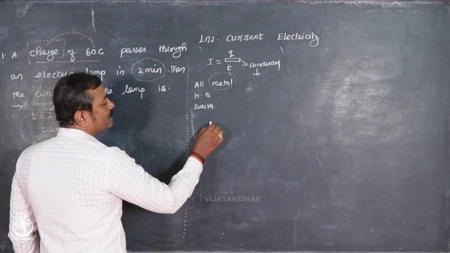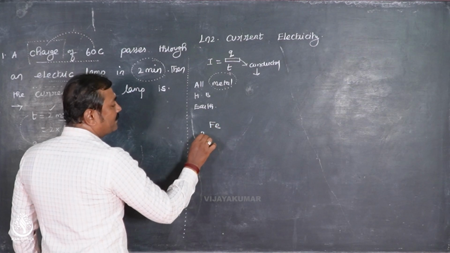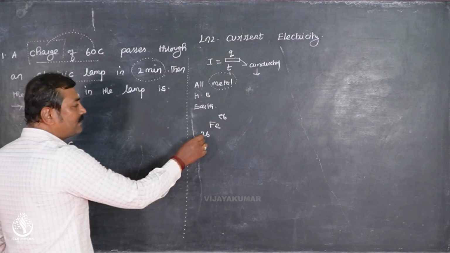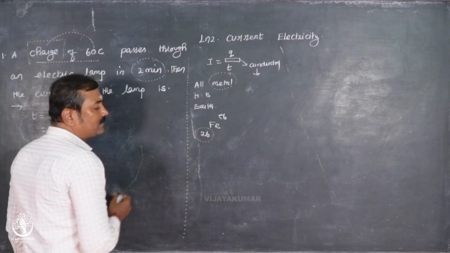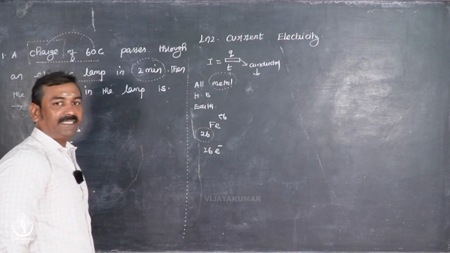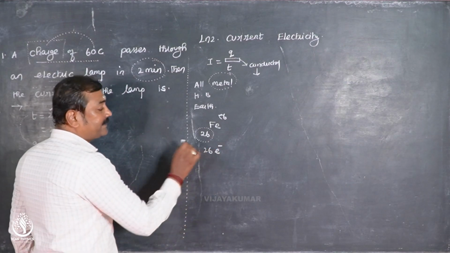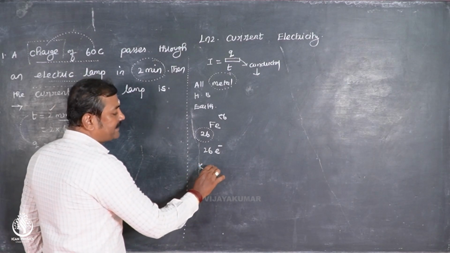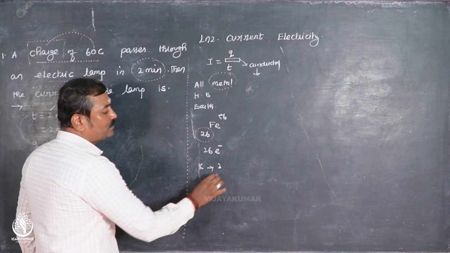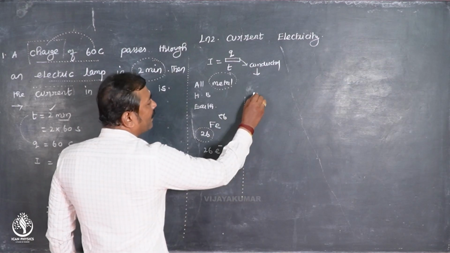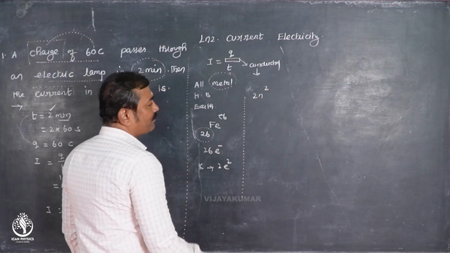Let me take iron. Iron has atomic number 26, so there are 26 electrons. Where can these electrons be? We know that they can be calculated by the 2n squared formula.